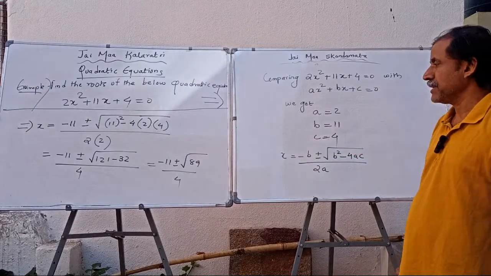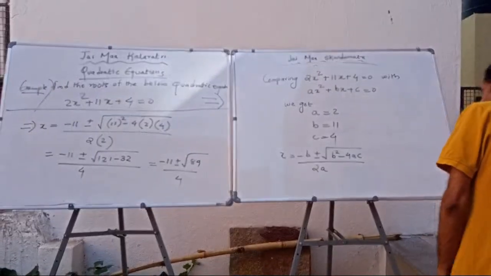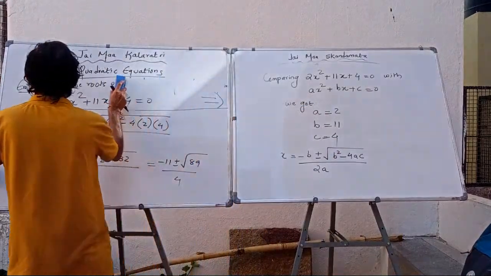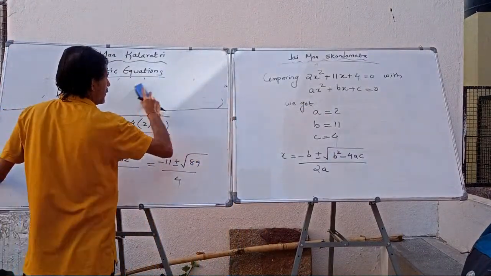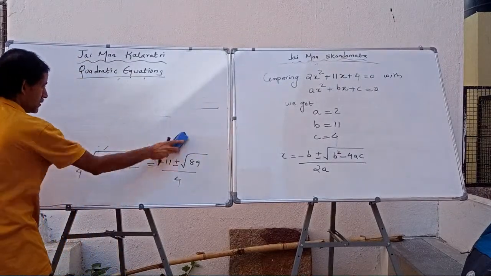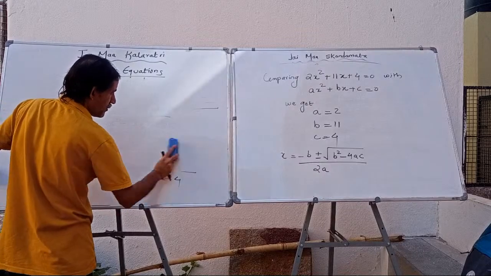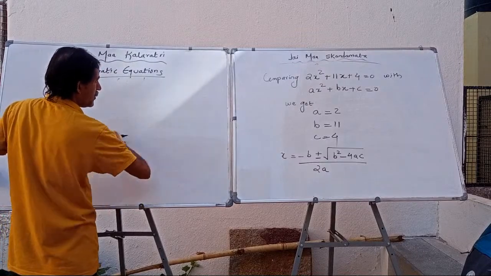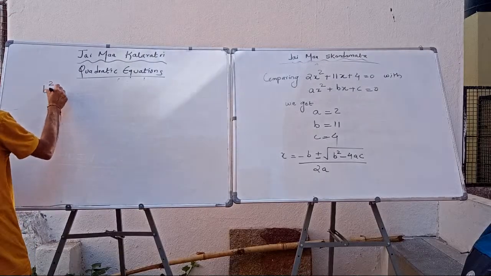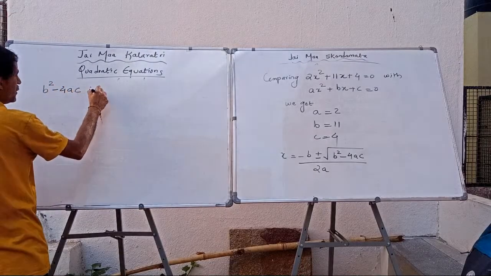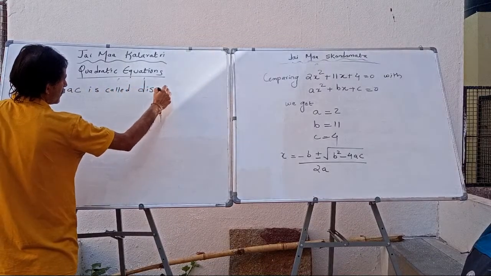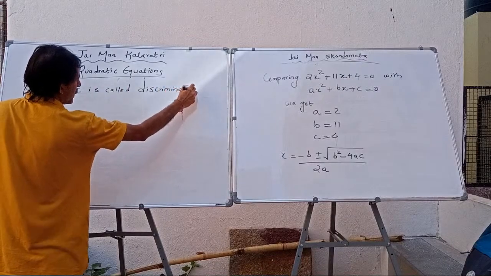Okay, so we are done with this. Now looking at the formula, for quadratic equations, b squared minus 4ac is called the discriminant.